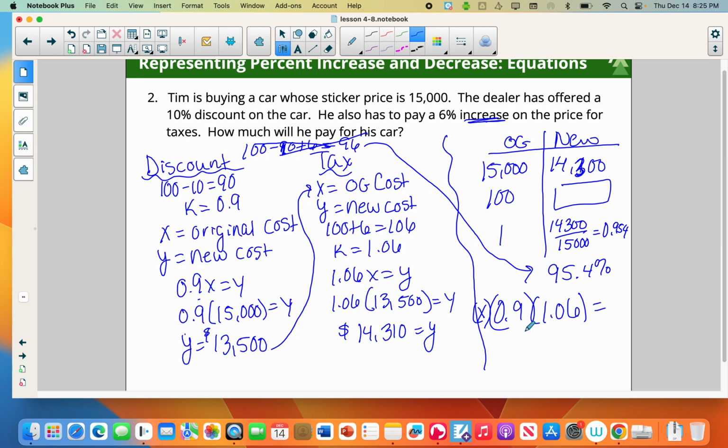If I multiply 9/10 by 1.06, we end up with 0.954. So we can just multiply our K values and then multiply it by the original amount.